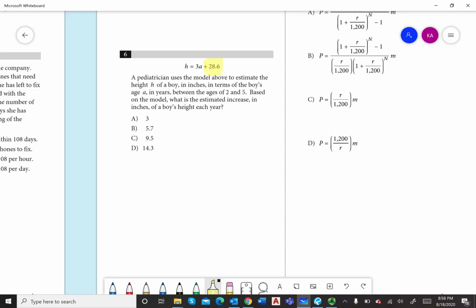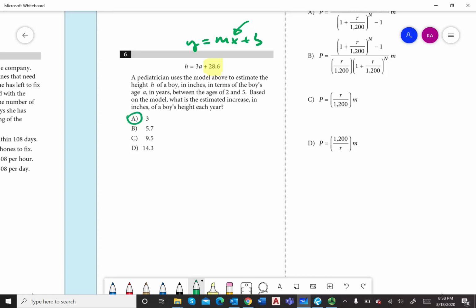What is the increase each year? That's a rate. So if you understand the concept of slope or the rate of change, you can right away, by looking at the formula, or if I write the equation of a line, mx plus b, then in this case a is the variable, and 3 would be the rate of change, which is the slope. So the answer would be this, right?